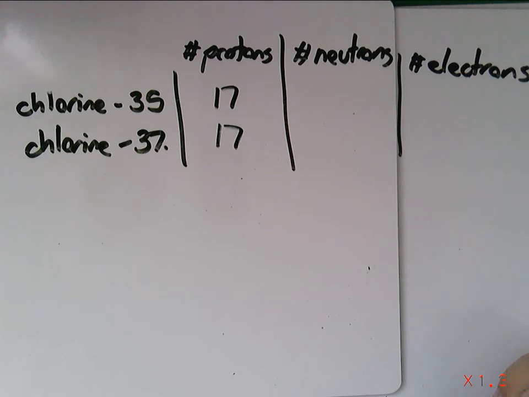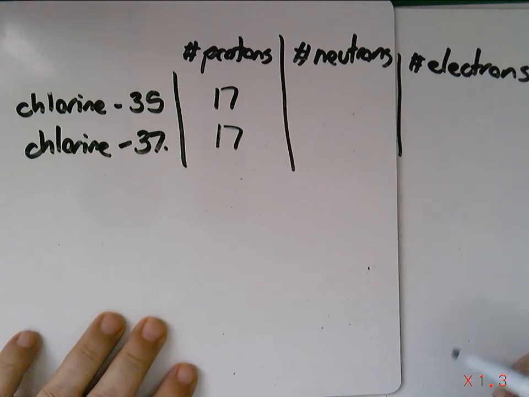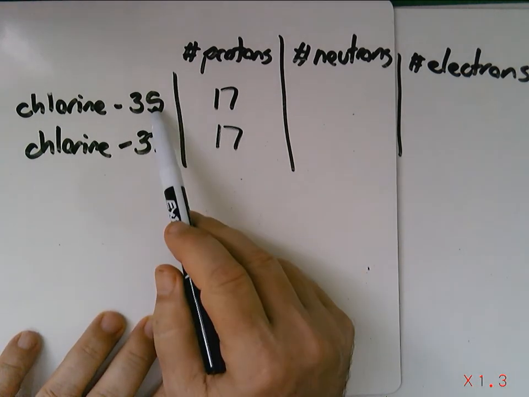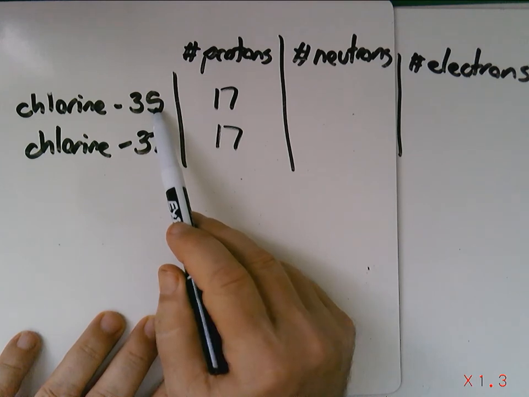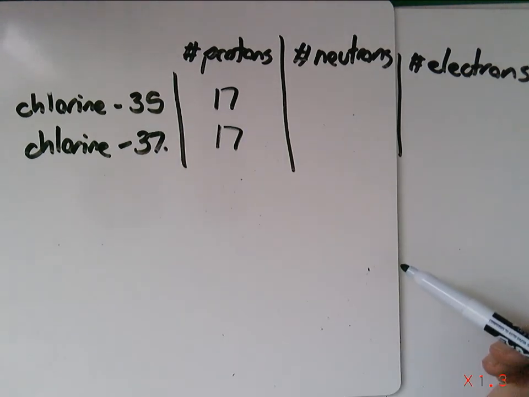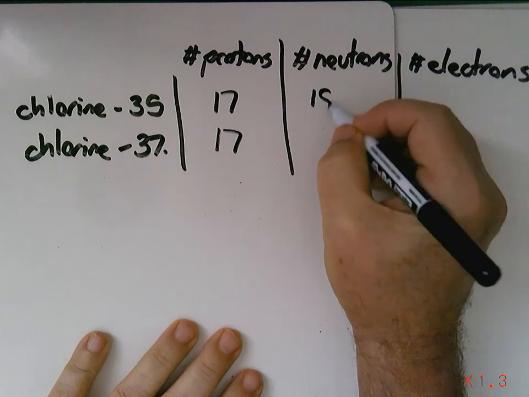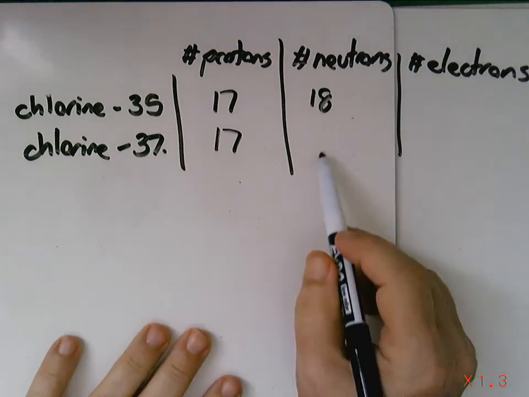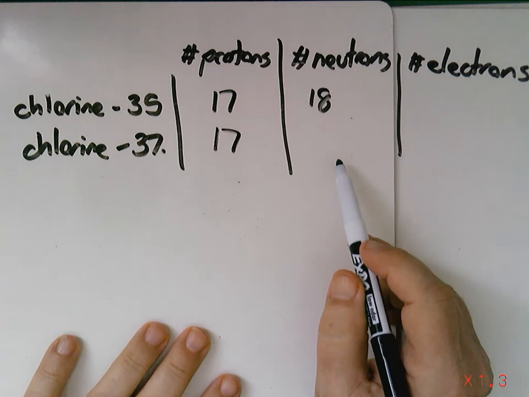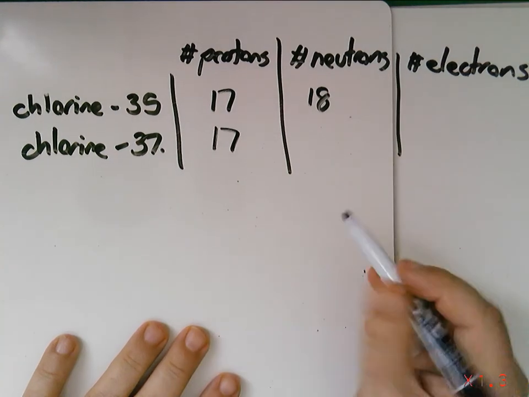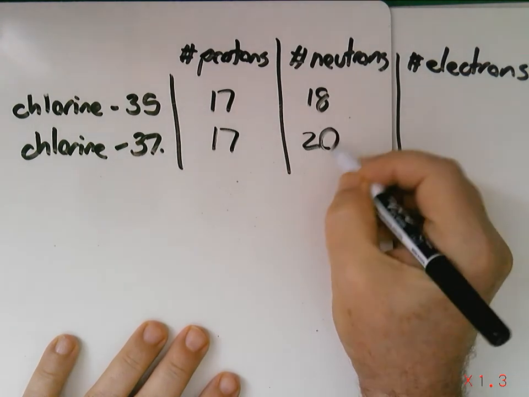That's its atomic number. Now how about neutrons? Neutrons is going to be the difference between 35 and 17. So what's that going to be? 18, right? And what's the number of neutrons in chlorine 37? Well, it's got 2 more than that, so it's got 20.